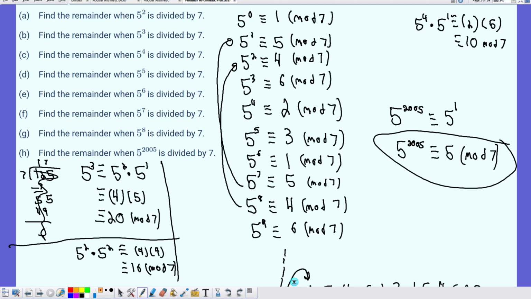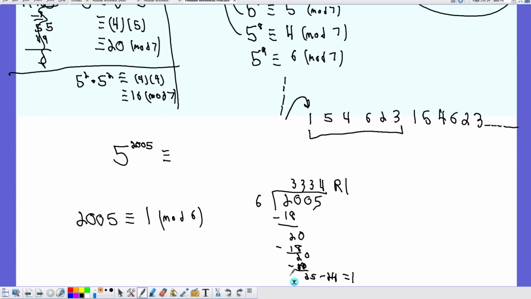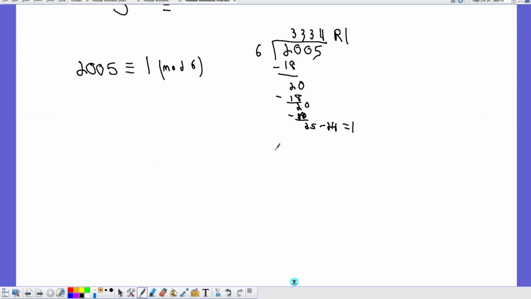since the remainder is 1. Now, there is one other way we could have done it, which is to use those rules that I was using earlier. So 5 to the 2005th power, and we can break up this exponentiation. But you've got to be a little bit clever with what's going on. So, for instance, this is 5 to the first times 5 to the 2004th.